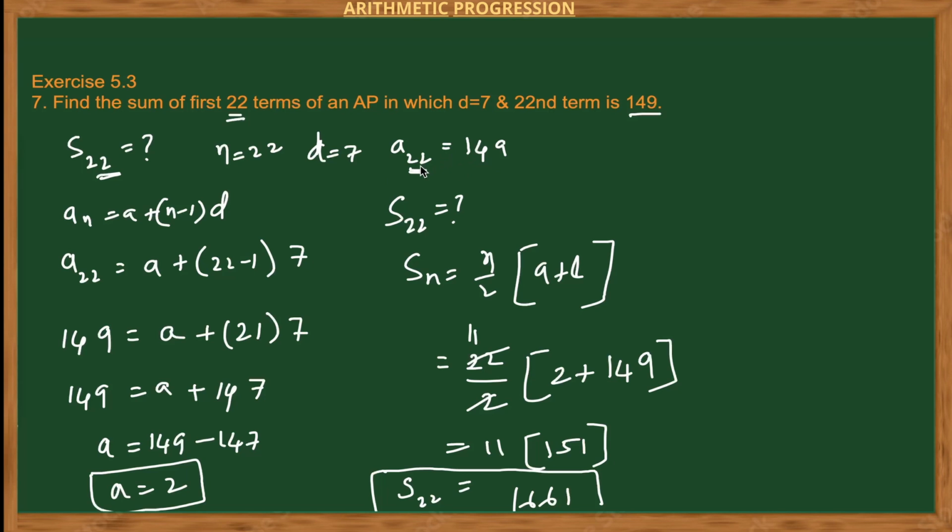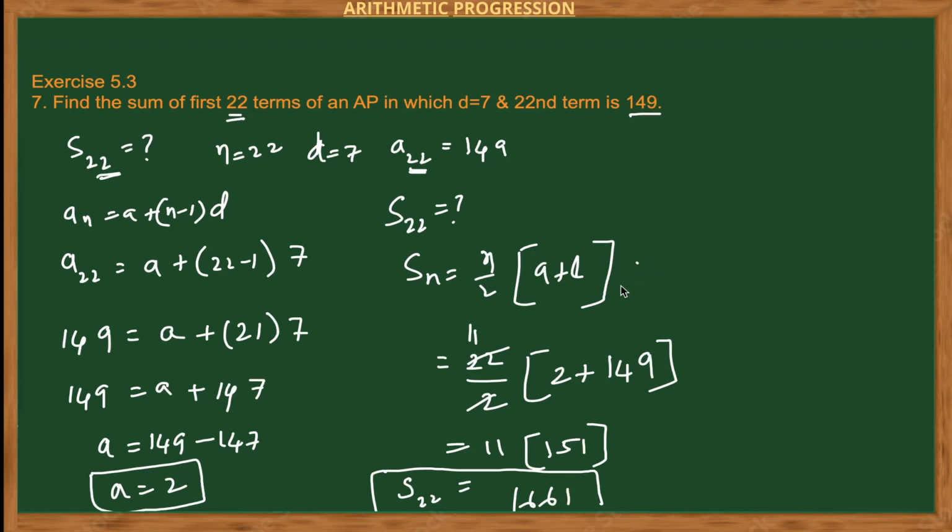If it is similar, so one hint is that if the nth number has been mentioned, and it happens to be the same for the nth term finding and also for the sum, you can utilize the formula with L, where L is the last term. So just remember this hint. Otherwise also you can find it, but that's lengthier, so this is a shorter one. You can utilize the other formula as well.